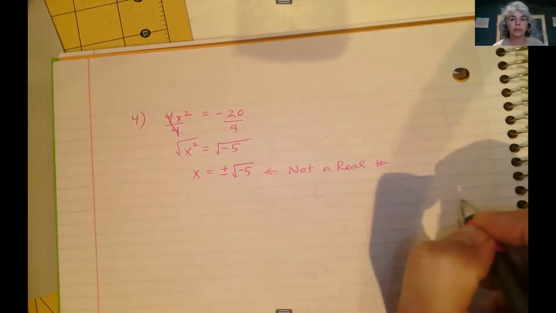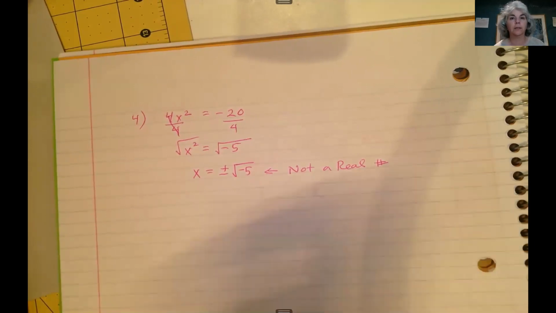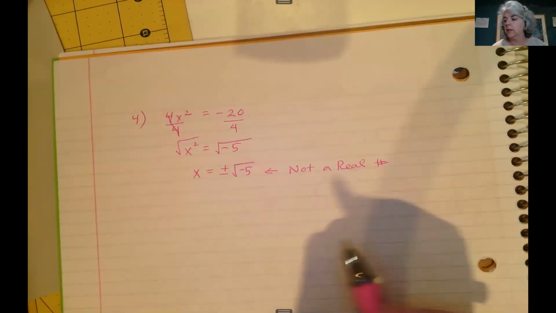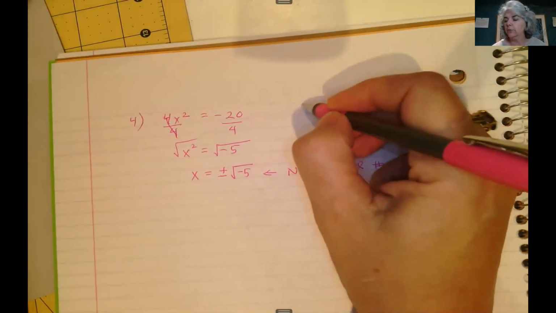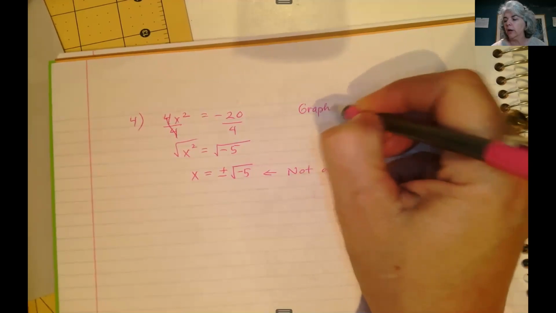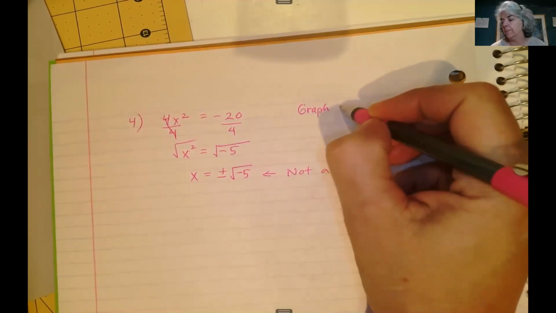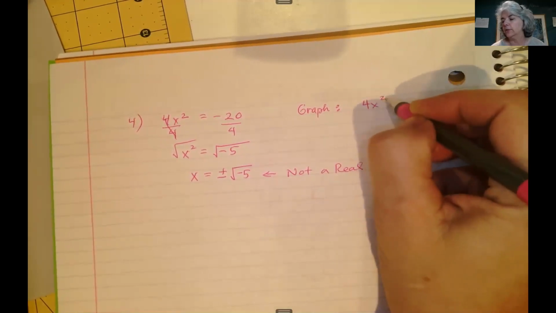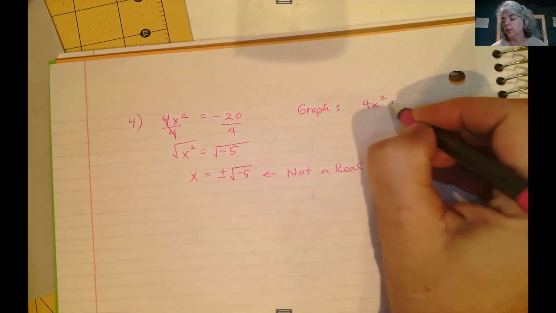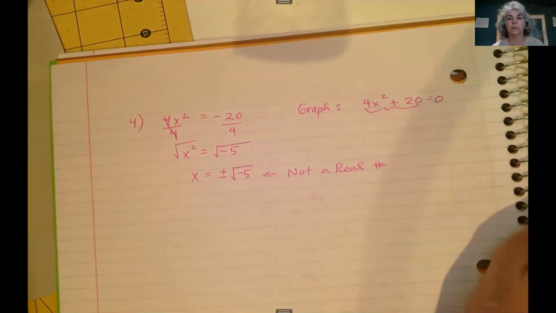We call it a complex number because this will never cross the x-axis, and you can see that if we graph this in. So I just want to put up here, if you're going to graph the equation set equal to 0. So to set this equal to 0, I would have to write 4x squared plus 20 equals 0, and then I want to graph this piece right here.